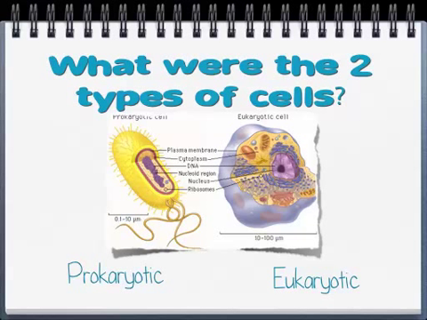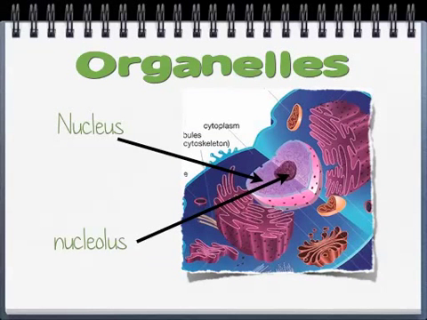No, they have a cell wall, cell membrane, and they have a few organelles like ribosomes, but the main thing is they don't have a membrane-enclosed nucleus. They're also a lot smaller. Organelles. So here we go.